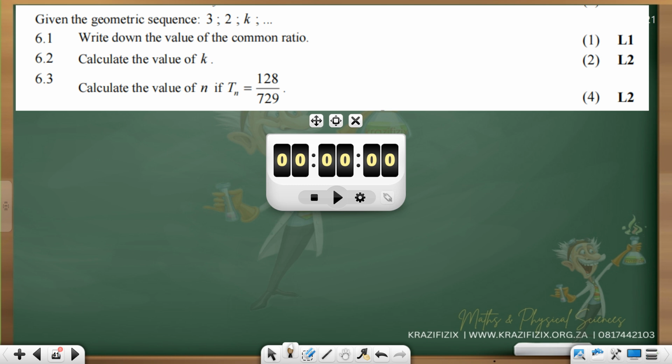Were we able to walk through this? Were we able to walk through? I didn't see your responses.